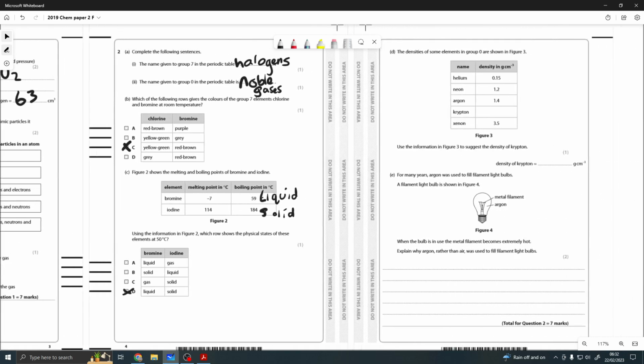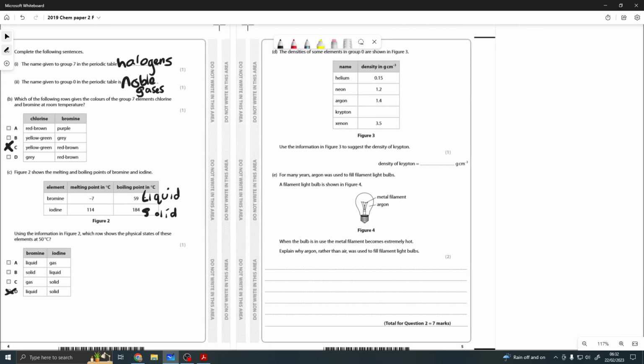Brilliant. There we go, last page of this row. It says the densities of some group 0 elements are shown below. Use the figures in figure 3 to suggest the density of krypton. You can see a trend of increasing here. You cannot accurately state what it is, however you can reasonably assume that the number will be bigger than 1.4 but smaller than 3.5.